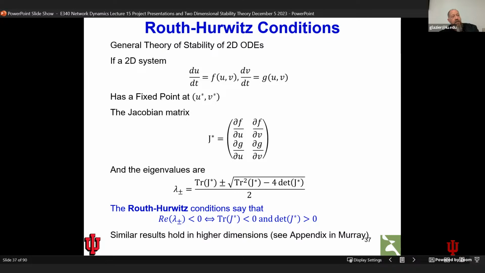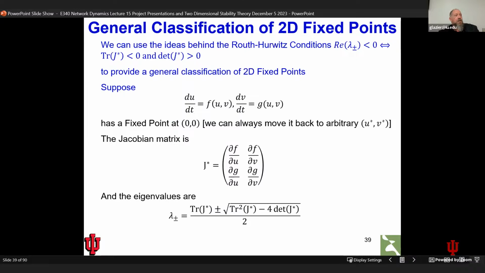But if you have a non-zero imaginary part, then you have oscillations. And so if you have a negative real part with a non-zero imaginary component, then you're going to get a decaying oscillation. There's a variety of situations.